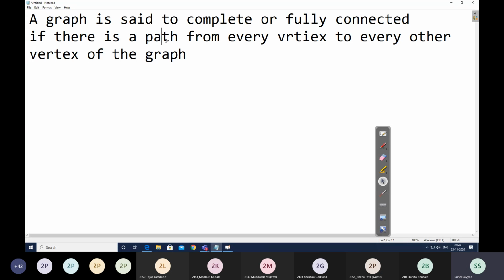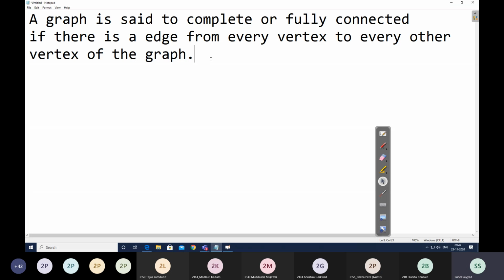Sorry, not path, edge. A graph is said to be complete or fully connected if there is an edge from every vertex to every other vertex of the graph. It means all the vertices are connected to each other with the help of corresponding edges. In such a situation, we call that graph a complete graph or fully connected graph.